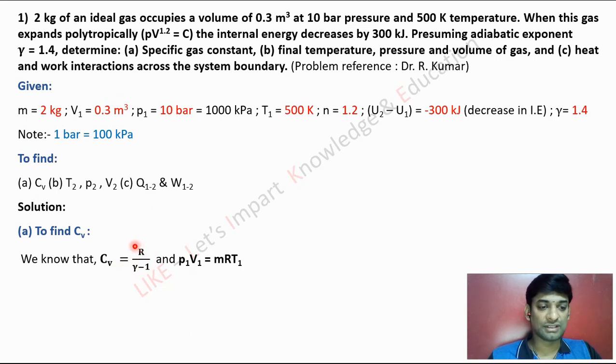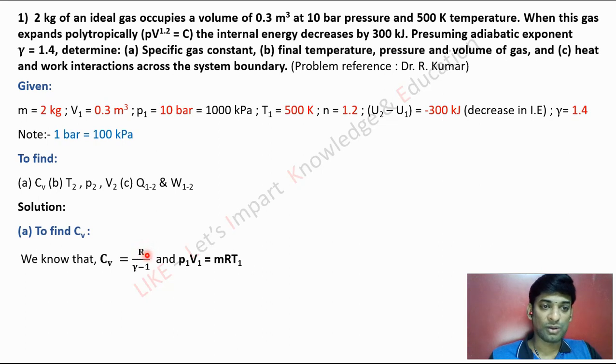In that case you have to determine R. One more information that you should know, if it is an adiabatic process and also the working fluid is air, you can assume R value as 0.287 kilojoule per kilogram Kelvin. If the working fluid is air, you can assume R value as 0.287 kilojoule per kilogram Kelvin.